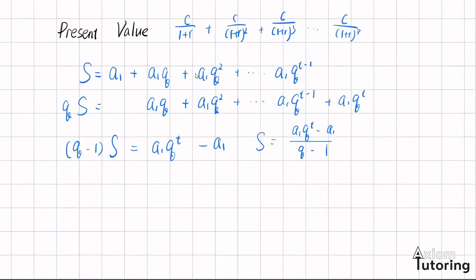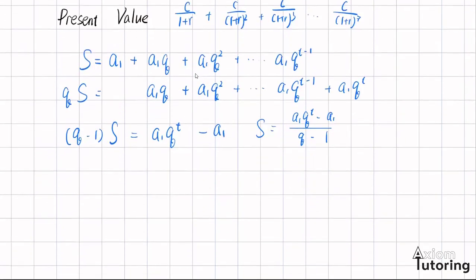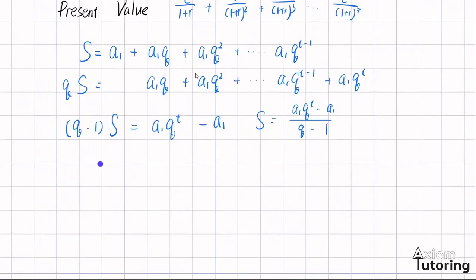Let me show you step by step. a1 q here, you can just write C. So we have C times 1 over 1 plus r to the power of t, minus C, and on the denominator you have 1 over 1 plus r minus 1.